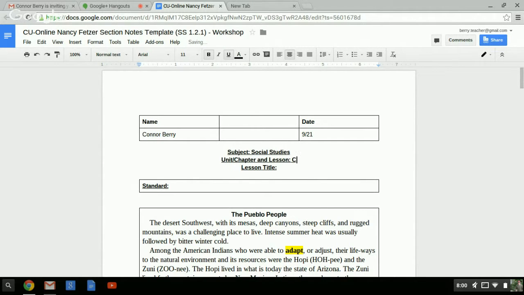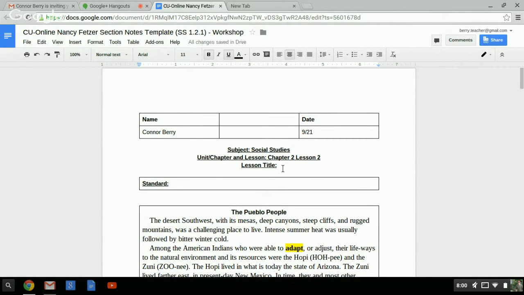This is chapter 1, lesson 1, I think. I may be wrong about that. Nope, this is chapter 2. Chapter 2, lesson 1. There we go. And then the lesson title, which you can see on page 52: The Desert Southwest. Then in this box here, we need to put in the standard.